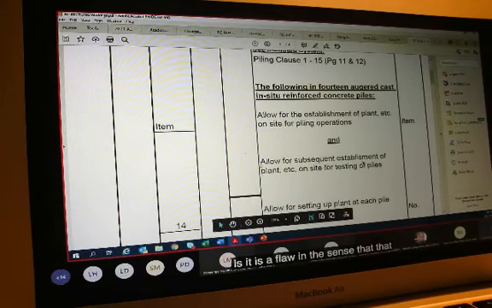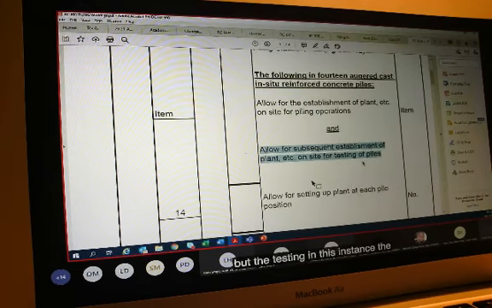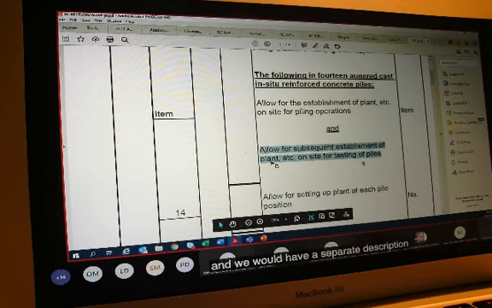Okay, so when we have to test all the piles, we can then. So what I've picked up here now is a flaw in the sense that it says allow for establishment of plant for the testing. But the testing in this instance, the drawing tells me how many we should test. Only 3.